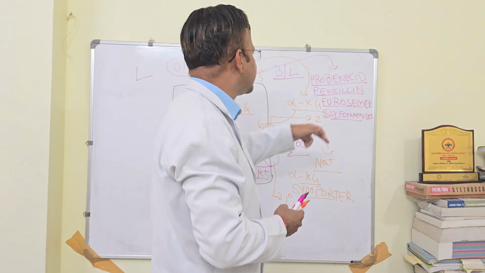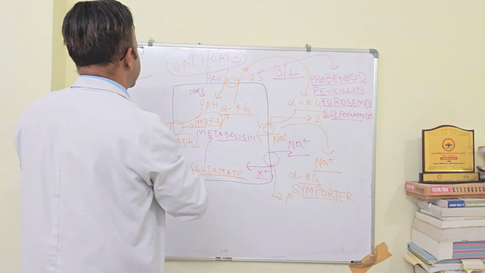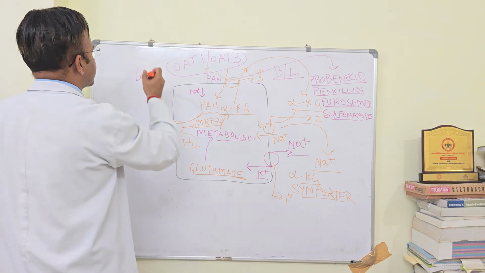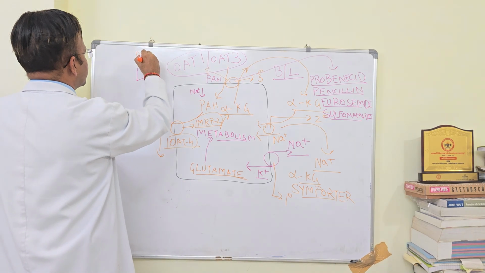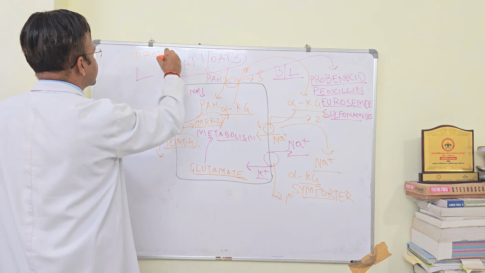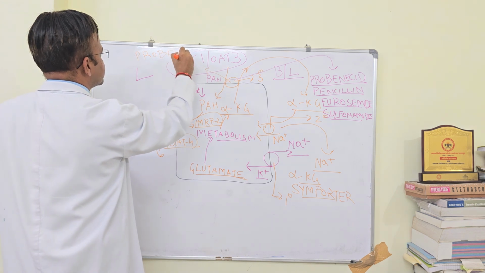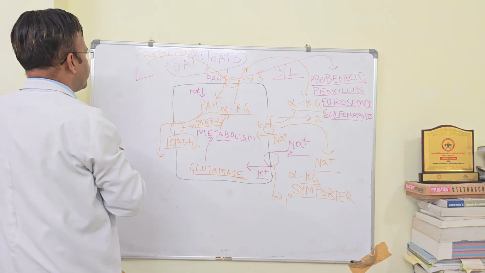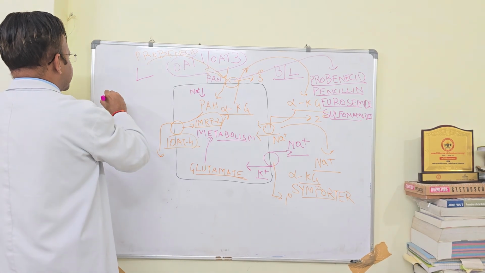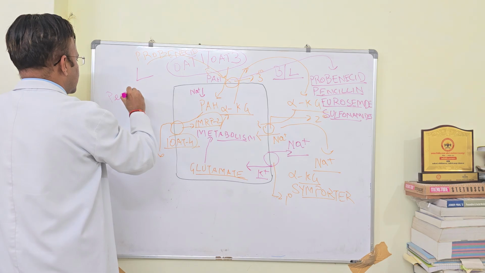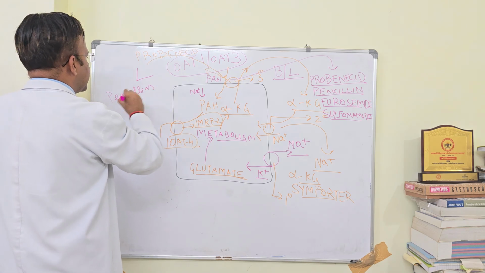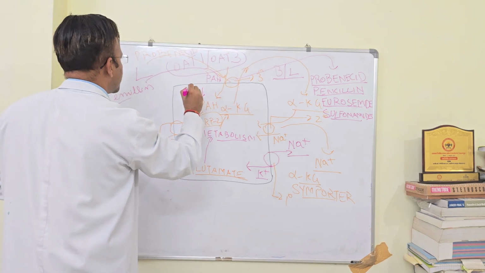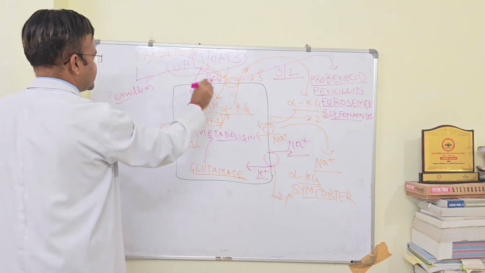If they give probenecid along with penicillin, then what is going to happen is that the probenecid is going to occupy these transporters, right? And penicillin won't be able to enter into the PCT cells and won't be able to get excreted out, right?